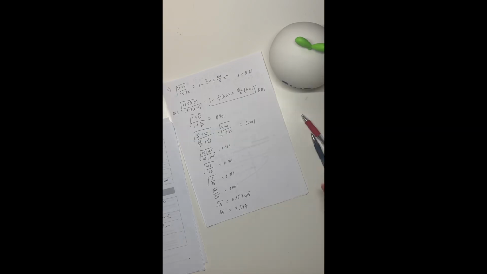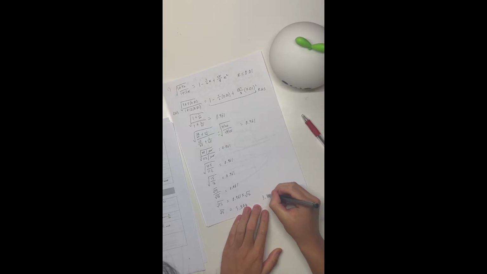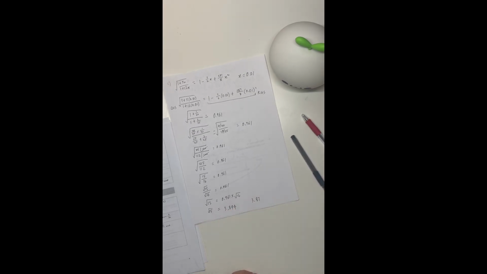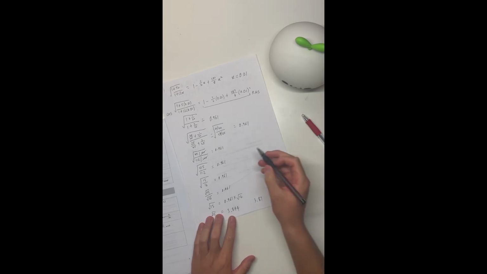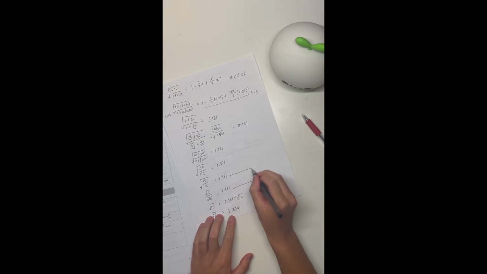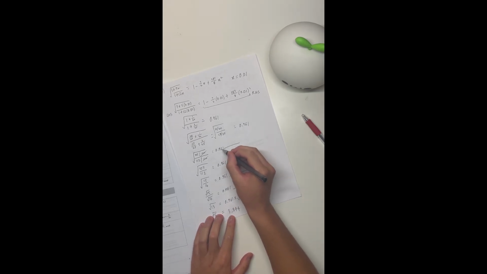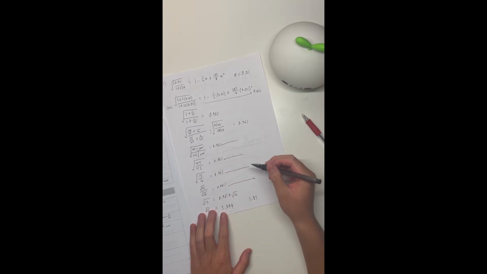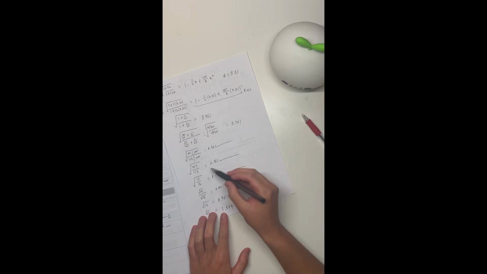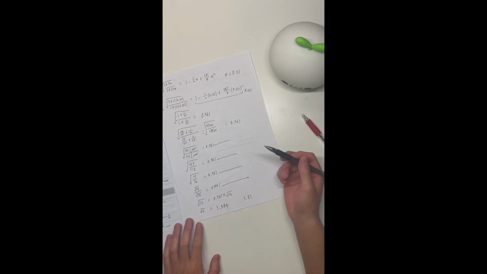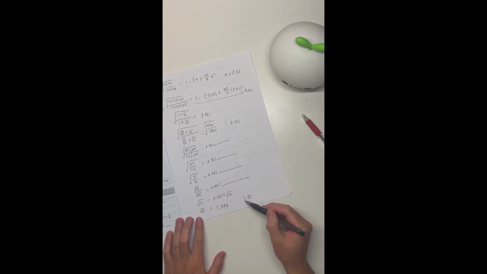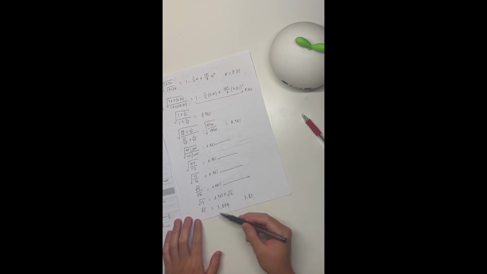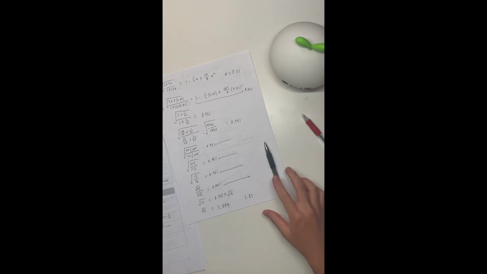Okay, the answer is 3.87. But I think this is because we didn't write out the full decimal places after the 0.961. If we were able to write everything, then I guess we'd still get the same answer as the textbook, but it doesn't really make a difference. So yeah, we still got it right.